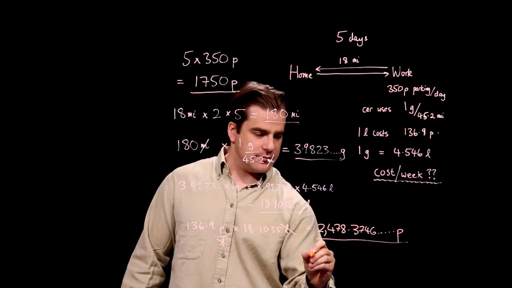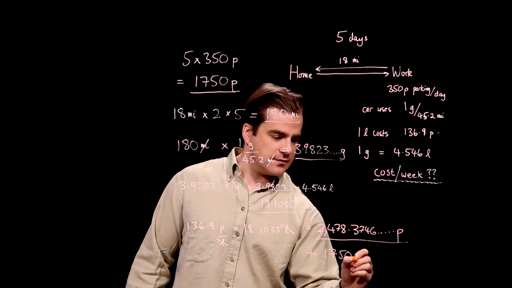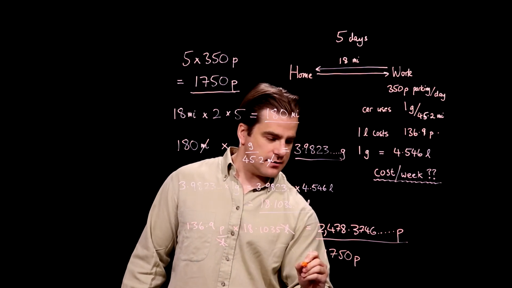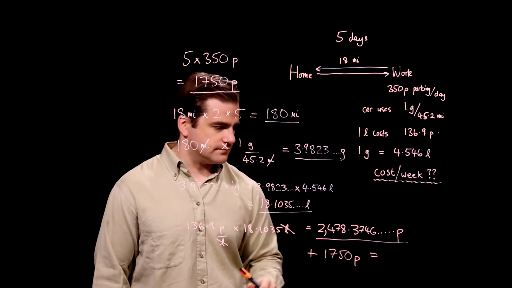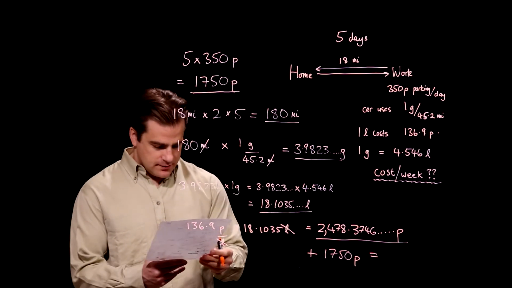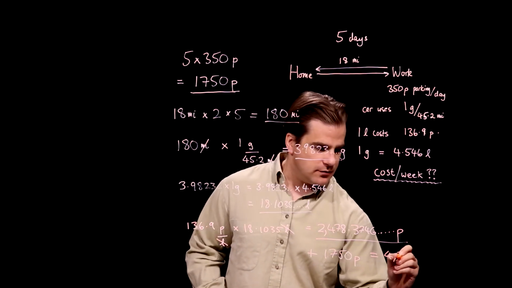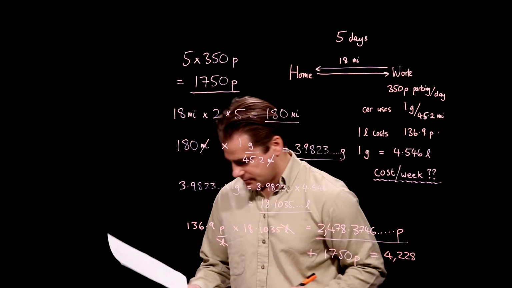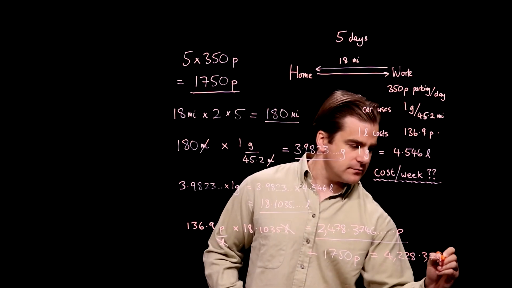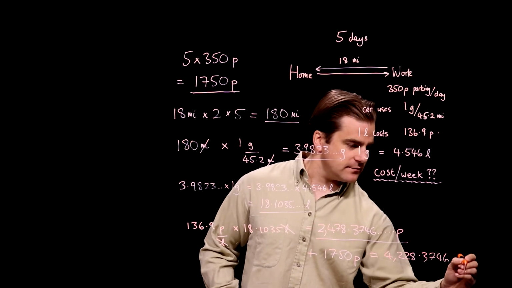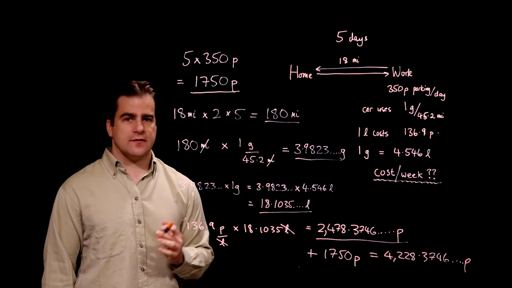So that plus 1750p is 4228.3746 whatever pence. Okay, well that's our answer.